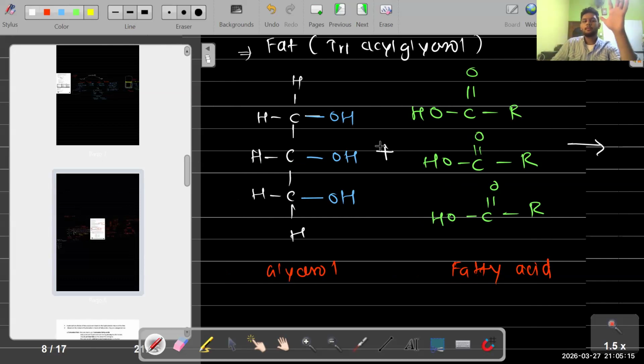Now, from your carbohydrate knowledge, can you remember there is something called a condensation reaction? Condensation reaction means it removes a water molecule. To remove a water molecule, there should be how many hydrogen? Two hydrogen.